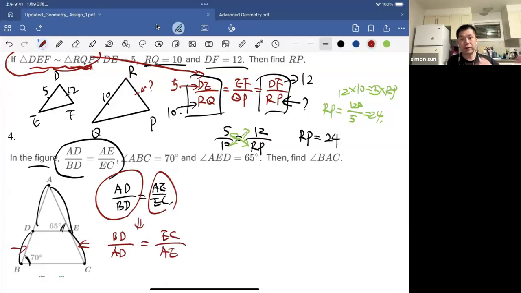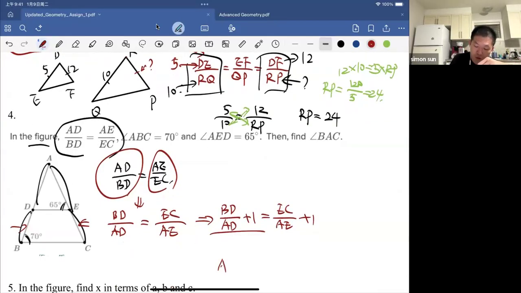I just take the reciprocal for both the left part and the right part. Then we can add 1 on both sides: BD over AD plus 1 will be equal to EC over AE plus 1. Because this is an equation, if you add or subtract the same thing on both sides, the equation will still be satisfied.